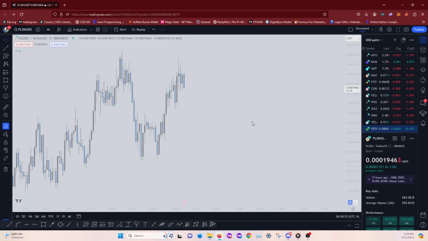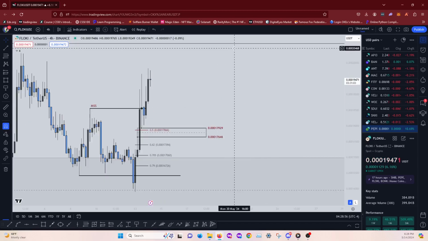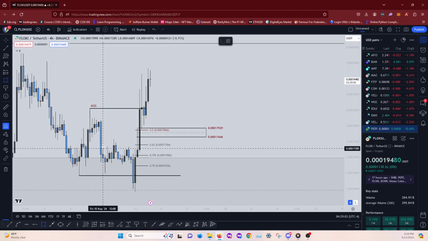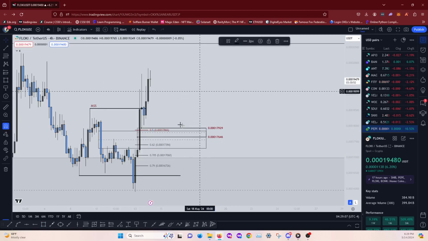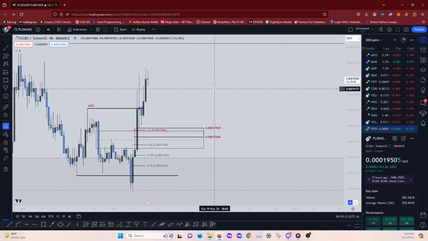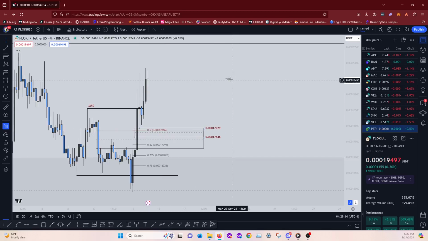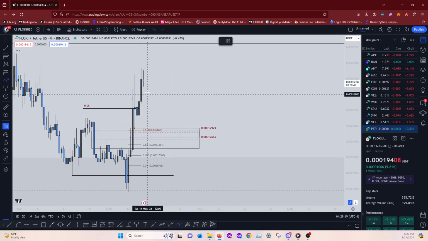So yeah, we've got Floki done and dusted. There's a bit of a swing setup there. You've also got the inverse of FVG here that lines up really nicely with this recently formed upside fair value gap. So they tend to be respected.